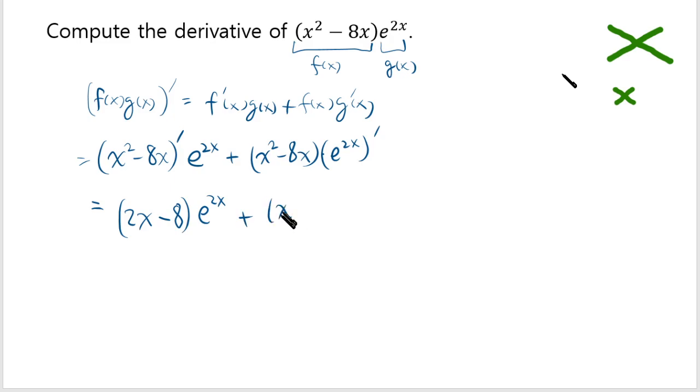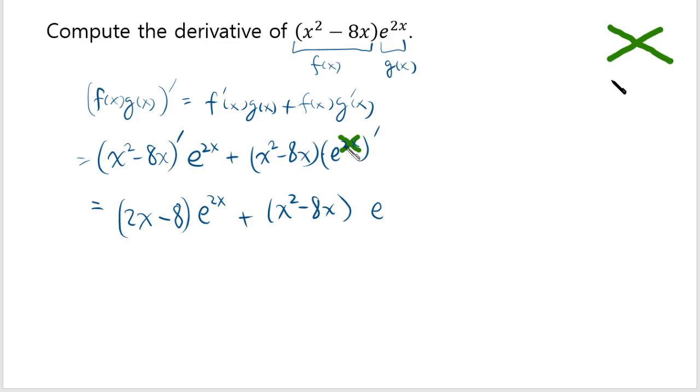Now, it's at this stage when you see that you have to differentiate e to the 2x that you need to use the product rule. No, not the product, the chain rule, because 2x is nested. So we cover this 2x as x, and now I see e to the x as the function, and the derivative of e to the x is e to the x, right?